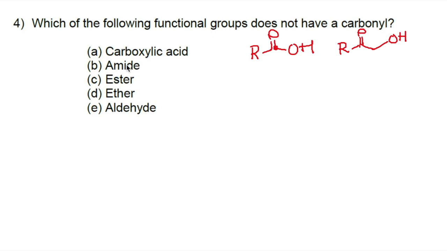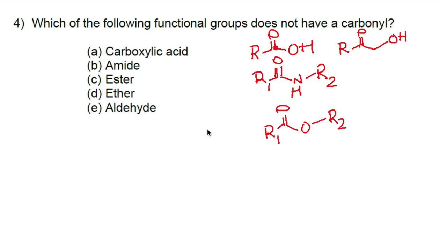Then we have an amide. Amide is the amine equivalent of the carboxylic acid. So we will have two R's, R1 and R2. An ester is this, and at this point, again, just memorize it.